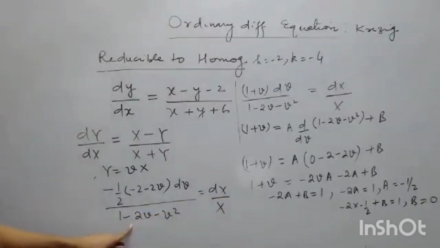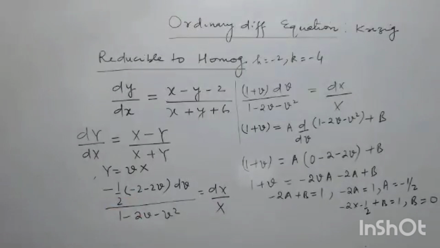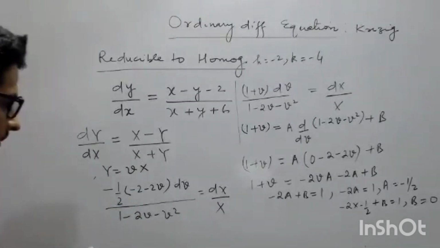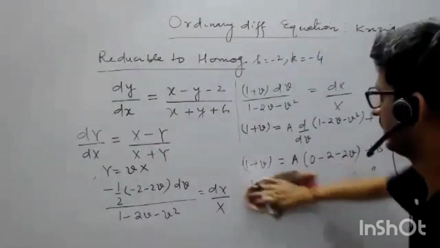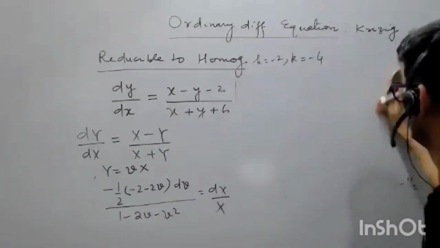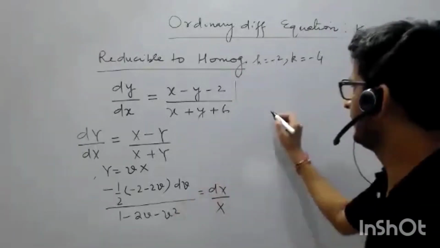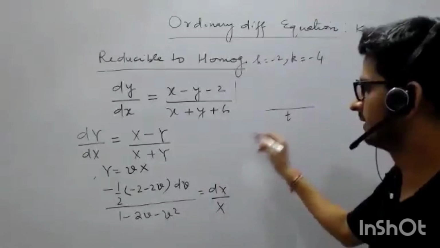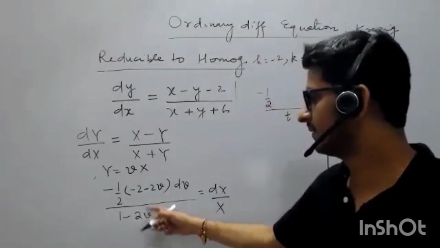Now write this as t. Its derivative is in the numerator. Clear? So now you can do it quickly. If I put this as t, what will I get? Minus half, and its derivative is this times this.